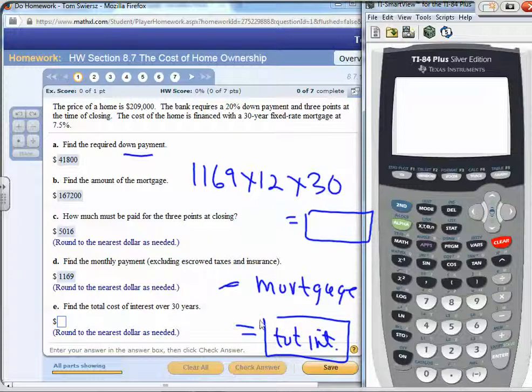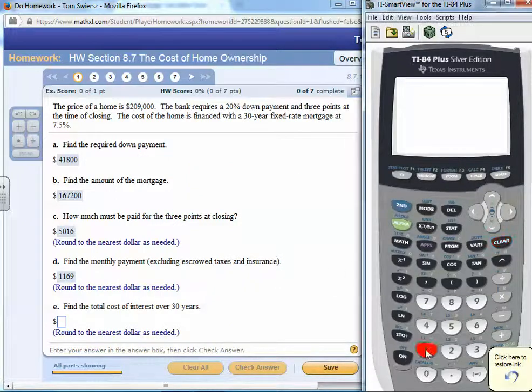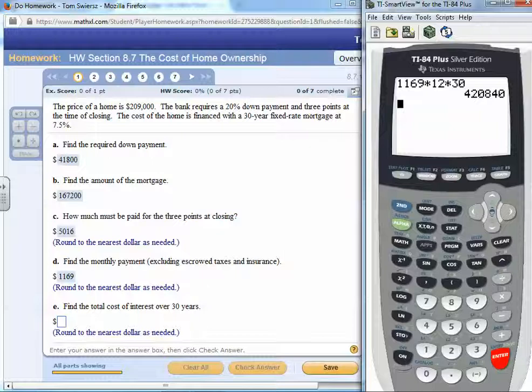So we'll find out what we paid after the down payment, which is this monthly payment, rounded to $1,169. We paid that 12 times a year, and it was for 30 years. So after the down payment, we paid $420,840. After the down payment, what was left on the balance was $167,200.